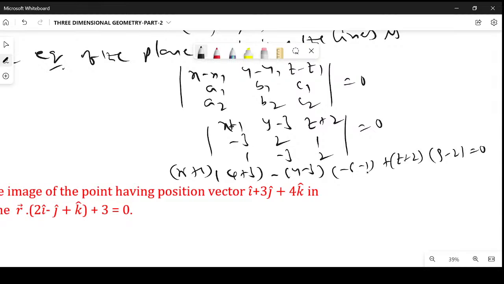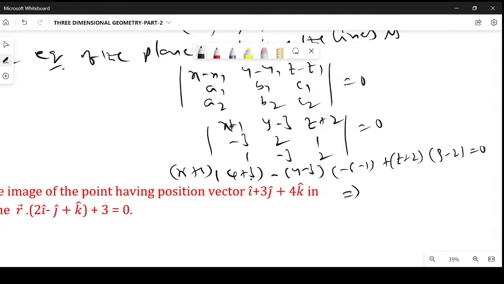So everywhere 7 is common and I can take it out. It comes very simple: 7x plus 7y plus 7z equal to 0. You're getting 7 only, right? I can eliminate 7 everywhere.